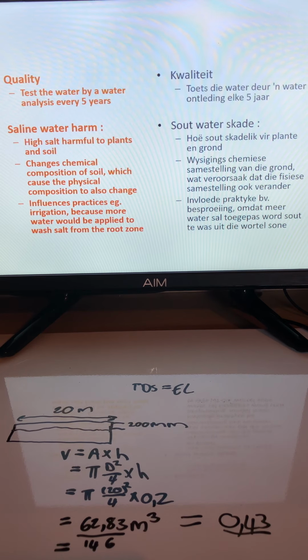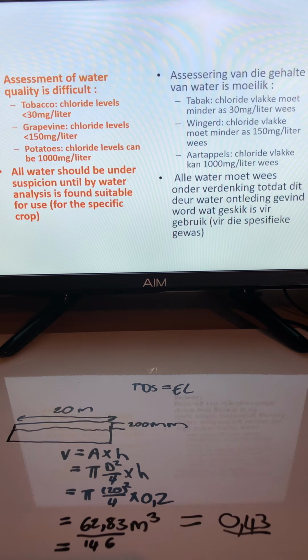And saline water harm. So salinity is salt, a high salt content in your water, and it's important to know the salt content in your water. As right at the beginning of this module, we spoke about how harmful it is to plants, the effects salt has on the soil, and the root zone and your crops especially.